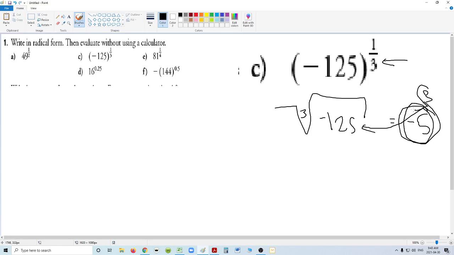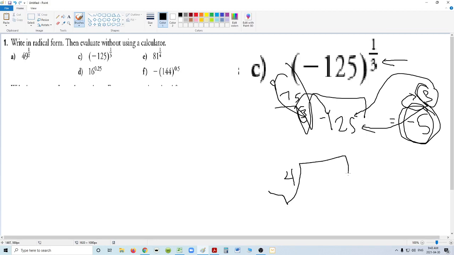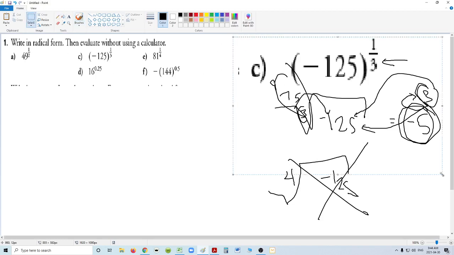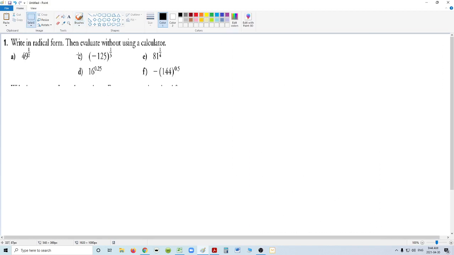And that's because a negative number with an odd exponent can stay negative, and a cube root can be done of a negative number, or a 5 root or any odd root of a negative number. If you're doing an even root, the answer would be unsolvable. You cannot take a square root, or a 6 root, or any even root of a negative number.